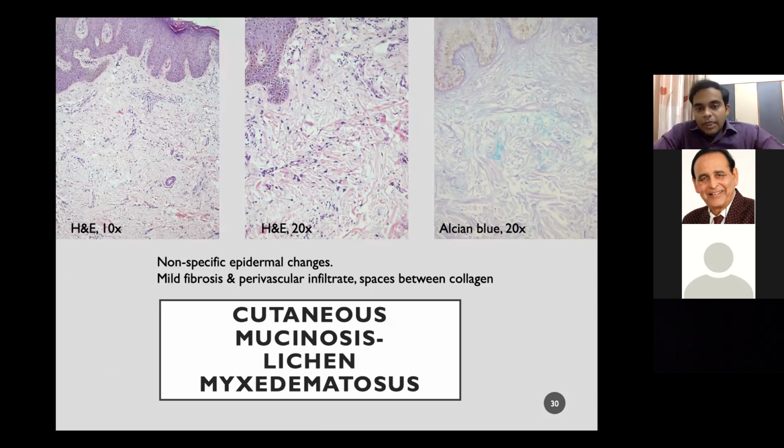Okay, you will get very stringy mucin like cobwebs, like spider webs in between the collagen bundles. So sprinkling of mucin here and there between the collagen bundles, leading to sclerosis or thickening of the dermis, then leading to fibroplasia or fibrosis. These are some of the features which can lead to diagnosis of scleromyxedema.